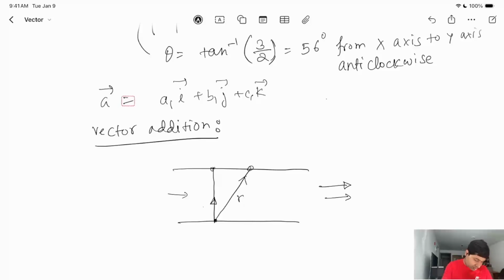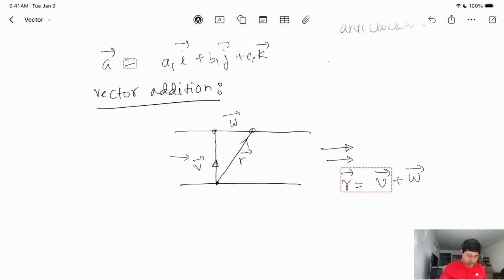You can clearly see that your velocity, v of u, is heading true north, and then we have a water vector, so your resultant vector is in this direction. So logically our resultant vector is nothing but v plus w.